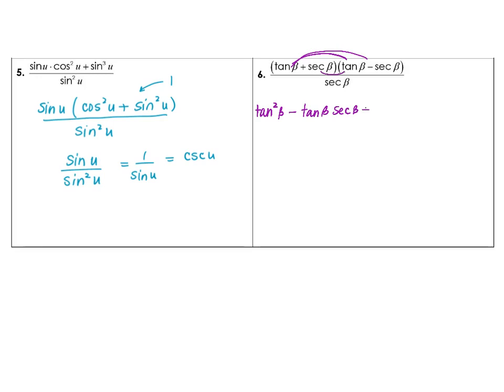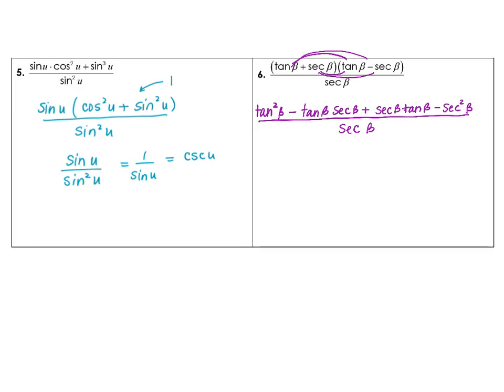Inside here, plus secant beta, tangent beta. And then our last one is going to be minus secant squared beta. And all of this, oh my gracious, is over secant beta.